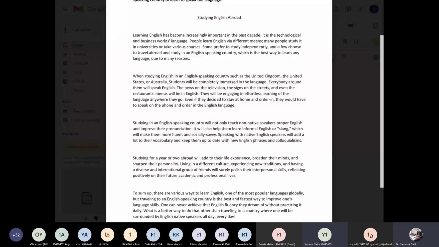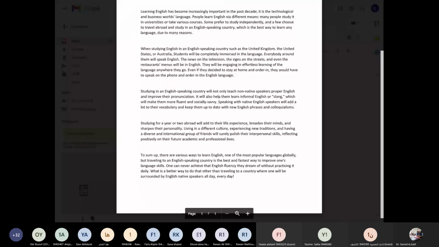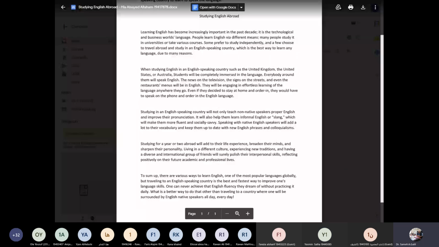Okay. Let me check if I can minimize it so that you can see everything. Can you see it now? Yes. Okay, so again, let me organize your thoughts. So what is it that you're going to look for? We're going to start off with perhaps deciding whether this piece of writing is an essay or a paragraph.